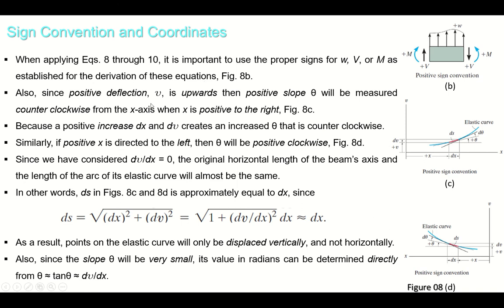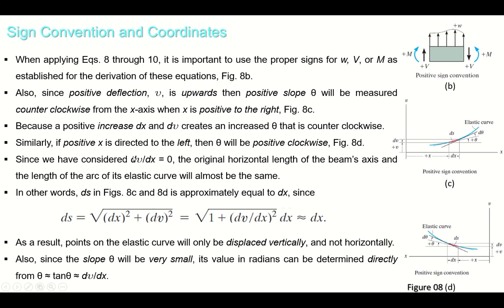Also, since positive deflection mu is upwards, then positive slope theta will be measured counterclockwise. As you can see, if it is deflected in an upward direction, then its theta is measured in the counterclockwise direction, right, when you are viewing from the left side, because a positive increase dx and d mu creates an increased theta that is counterclockwise, right?